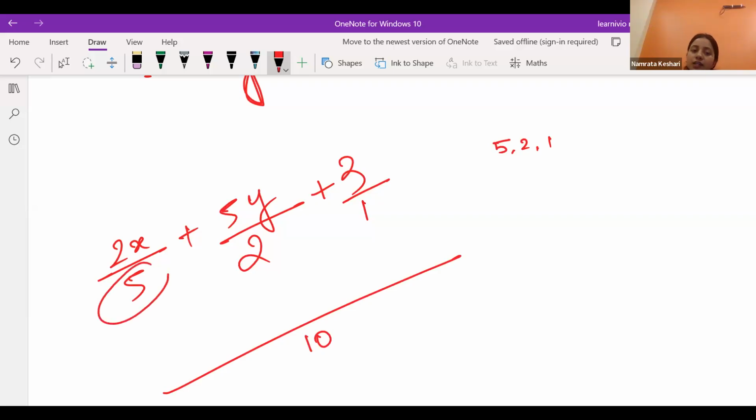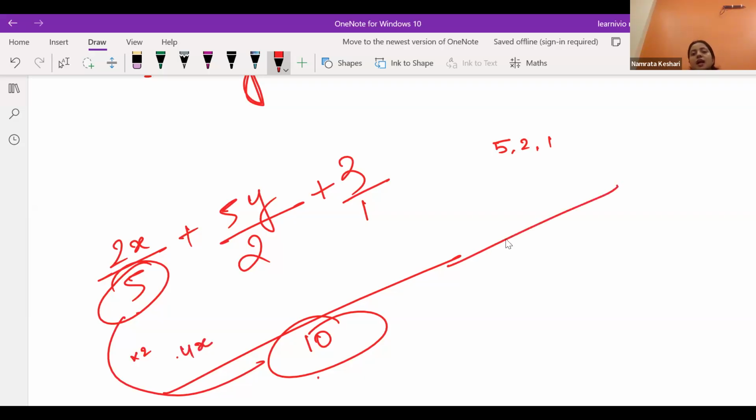So 5 was there, 10 was there, 5 times 2 is 10. So in the numerator you need to multiply by 2, right? Yes, ma'am. Okay, 5 times 2 is 10, so 2 you need to multiply in the numerator. That means 2 times it will be 4x.